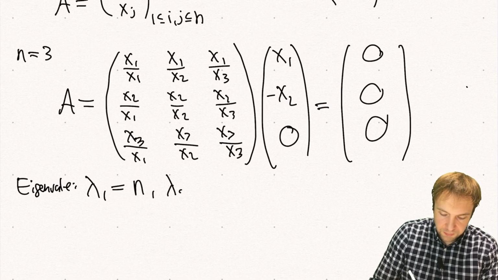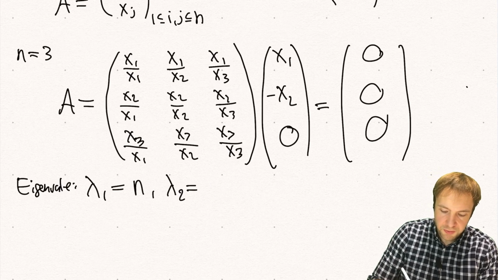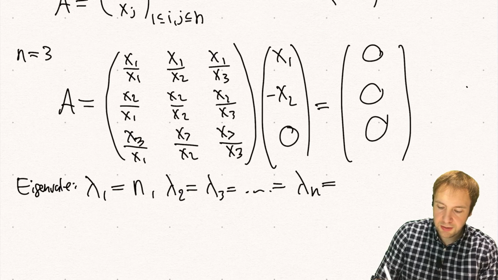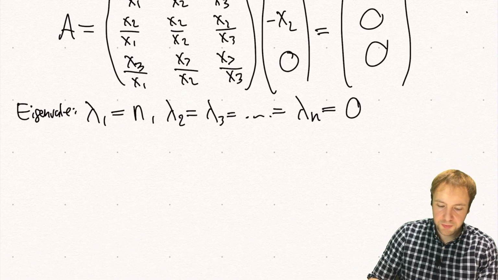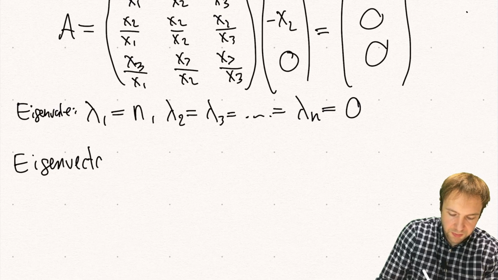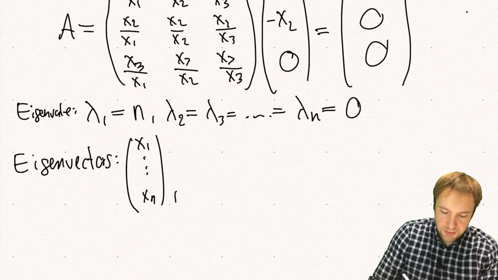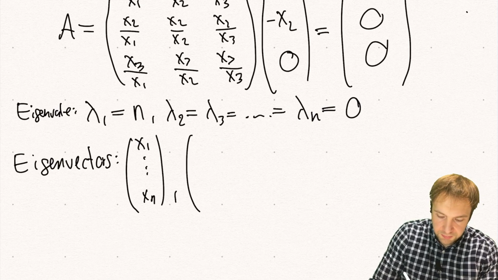So we see the second eigenvalue is 0, but also the third, fourth, and so on are eigenvalues 0, because of the eigenvectors. For lambda 1 we saw it's x1 up to xn, this is the one we want, and this one is x1, minus x2, 0, 0, 0.